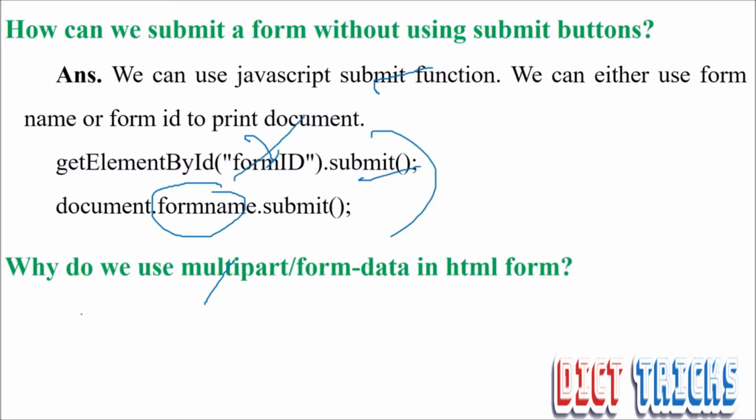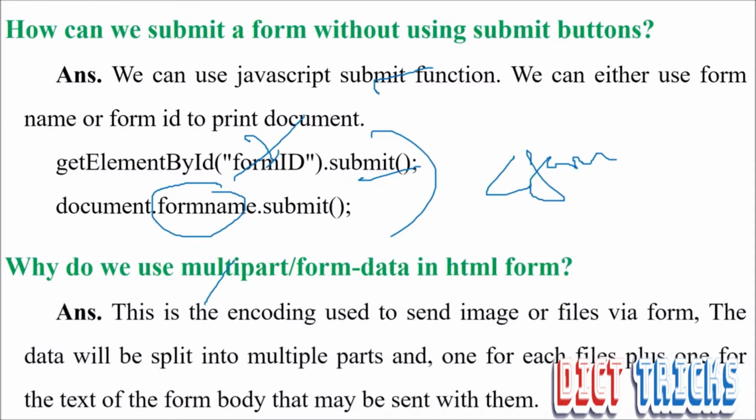Any of these. Why do we use multipart form data in an HTML form? You might have seen that whenever you open a form, inside that form tag you will always see multipart form data. Why? This is actually the encoding used to send images and files via a form.